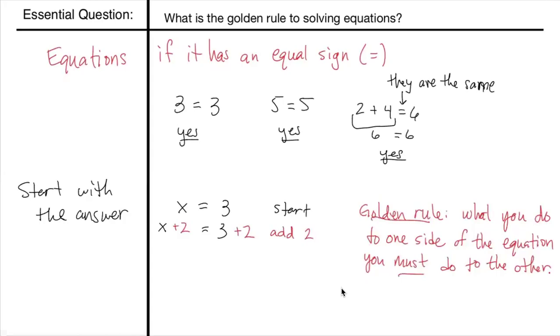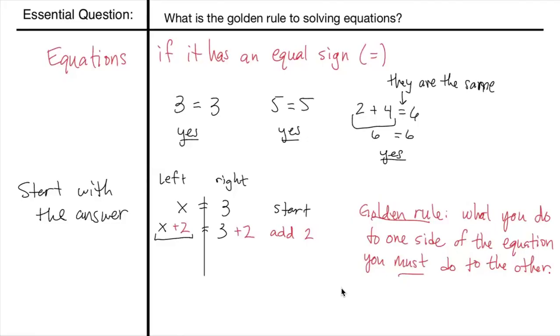Now, let me draw a line down the middle. The reason we draw a line down the middle is because it splits this equation into two sides, the left side and the right side. Now, these two sides are equal. We know they're equal because there's an equal sign in the middle. Now, on the left side, x plus 2, I can't combine those. I can't combine variables and numbers, what are called constants.